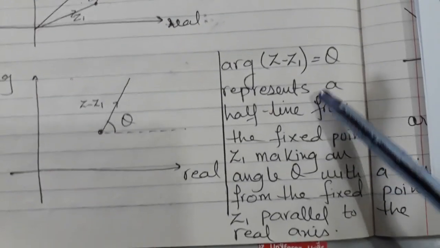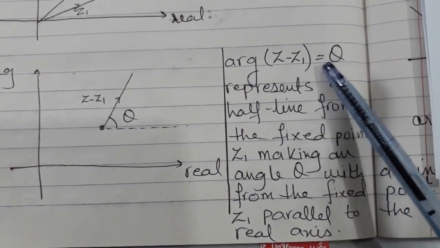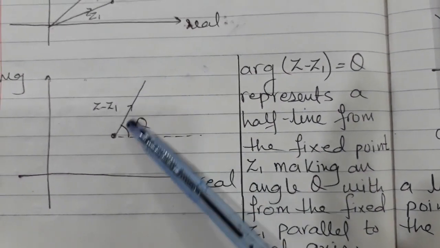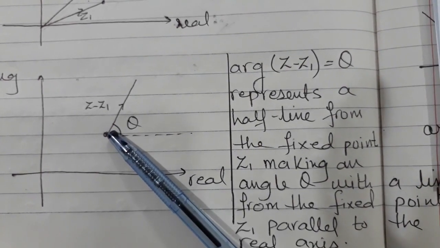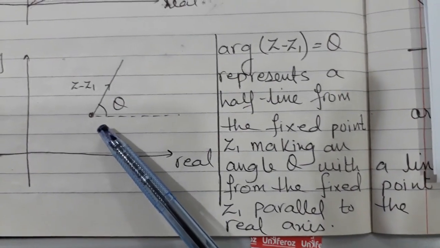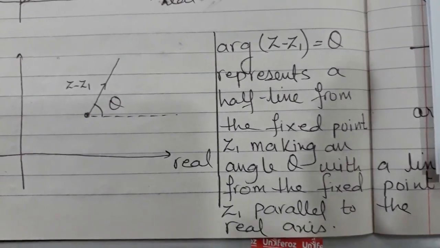So what I'm explaining here is that argument of z minus z1 equals theta represents a half line from the fixed point, which I'm calling z1, making an angle theta with the line from the fixed point parallel to the real axis.